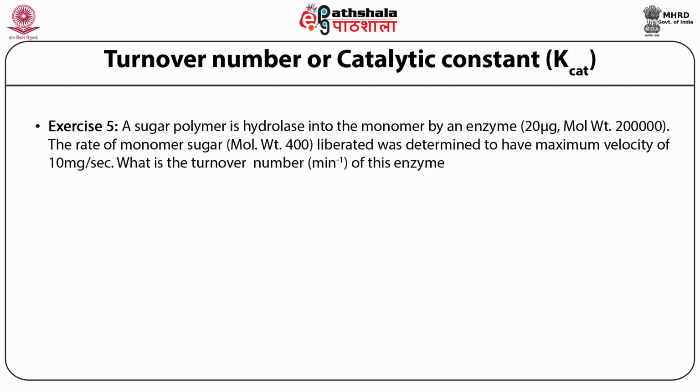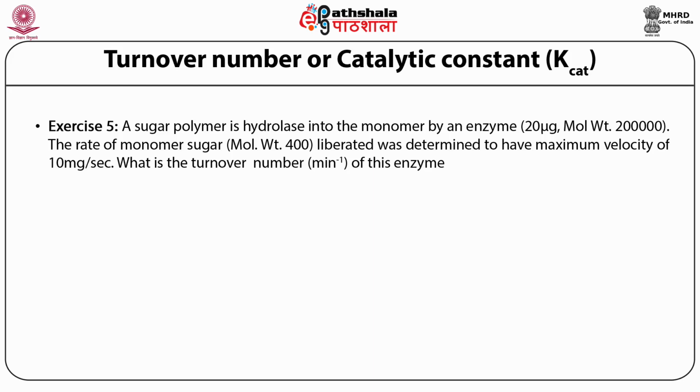The second point is that they are not giving you the concentration. So how are you going to calculate the concentration? But they are giving you the weight as well as the molecular weight, and you know that molarity is equal to the moles of the solute per liter of the solution. So moles of the solute can be calculated by dividing the weight given here by its molecular weight.